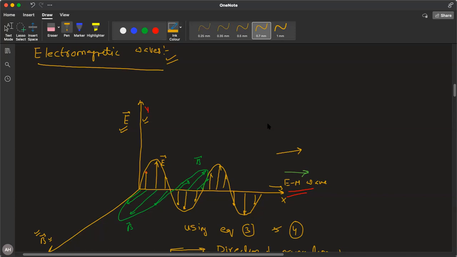Okay. And it consists of both electric field and magnetic field, and both are perpendicular to each other, right? They are perpendicular to each other and also to the direction of propagation. So this is what we have already discussed.